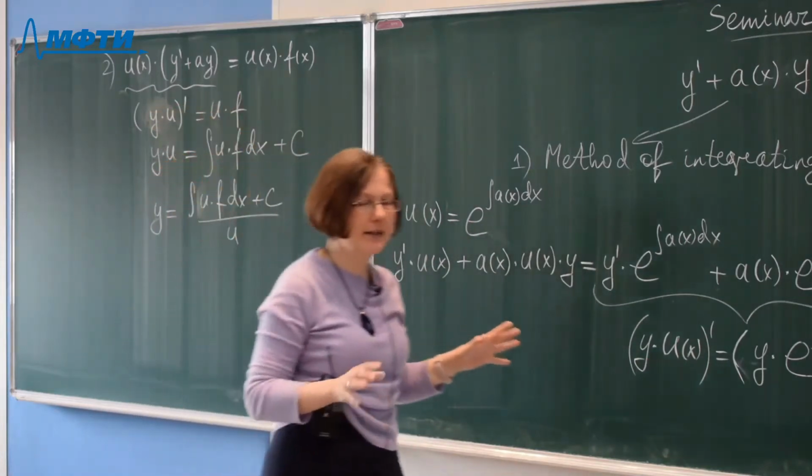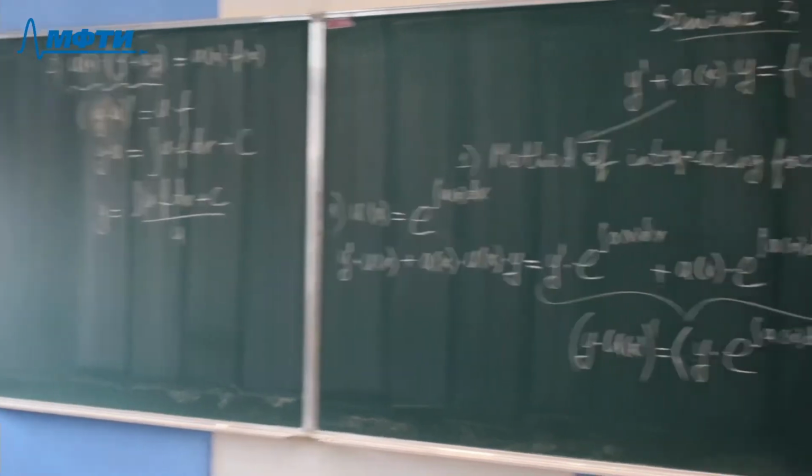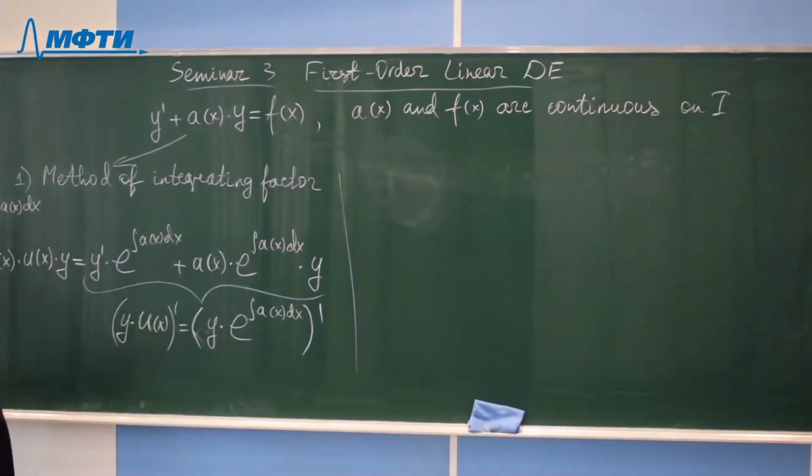So you will have the scheme. This will be the algorithm of solving, and I will use this algorithm. The variation of the constant will be described later, and now I will rewrite the scheme here.